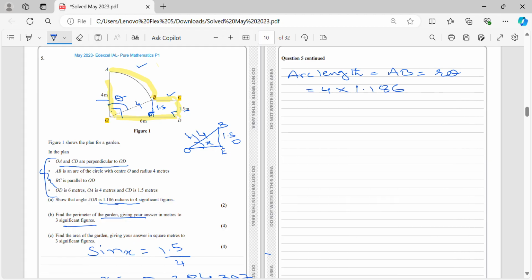I suggest you take 4 to 5 digits to get an accurate answer at the end. 1.186399, okay, 1.186 is fine, because the next digits are 399.